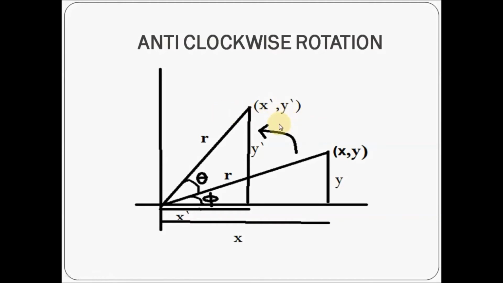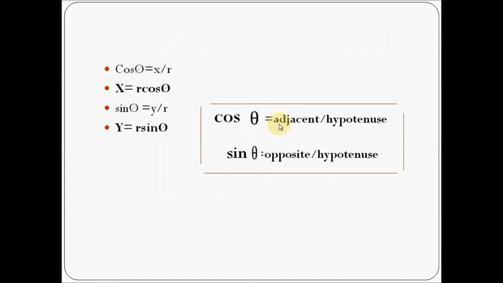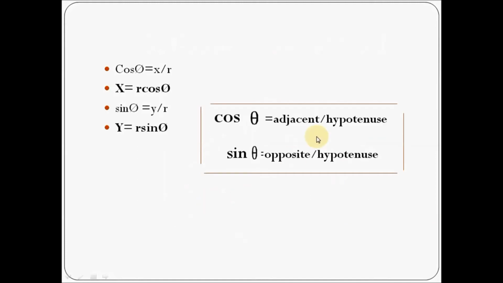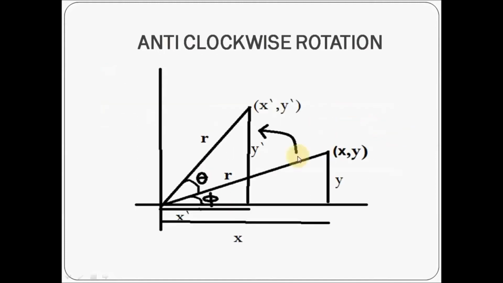Now I will explain how it works. I am using the formula cos theta is equal to adjacent by hypotenuse, sin theta is equal to opposite side by hypotenuse. I will calculate the cosine for this phi. Phi means before rotation. So cos phi is equal to adjacent by hypotenuse.